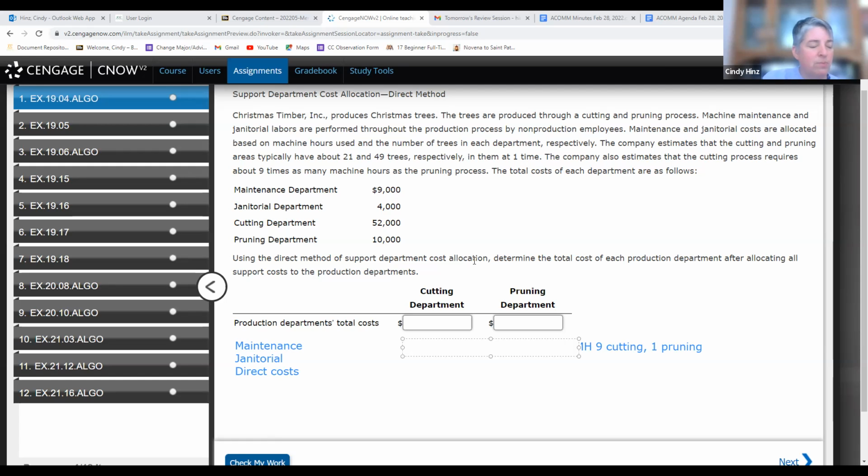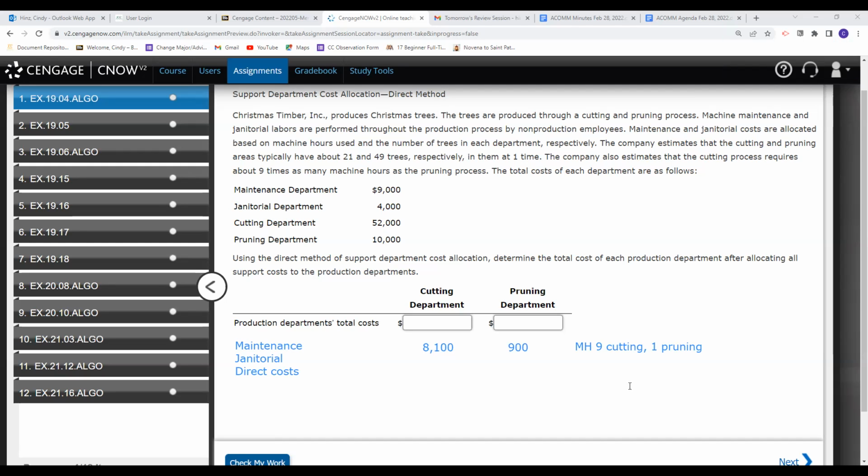So 9/10, 0.9 or 90% of the total cost of the maintenance department is going to be allocated to the cutting department. And the rest of it, the other $900, will go to pruning, which takes only 1/10 of the total time that the maintenance department spends on those 2 production departments. Does that make sense?